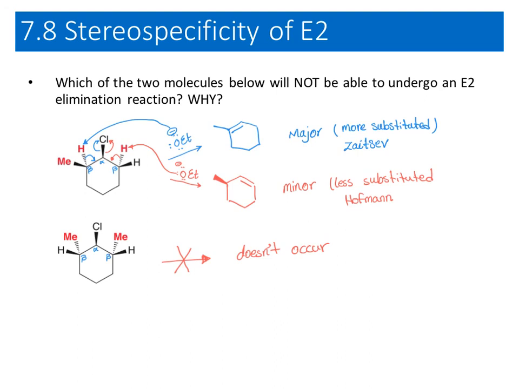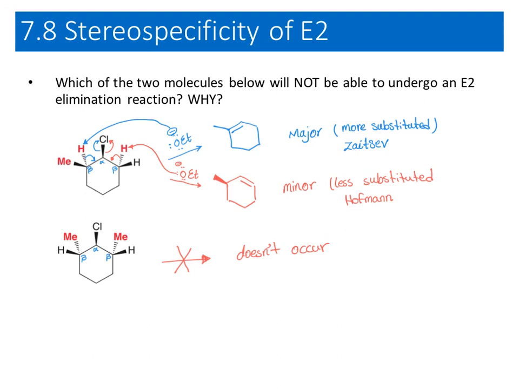So as you might notice, to draw the E2 product, we need to consider regioselectivity, stereoselectivity, and stereospecificity at the same time to draw the major product. So in the first example, you notice that I first look at the stereospecificity, that I need to find the beta proton that is anti-coplanar with the leaving group, and then to determine the major product I use the regioselectivity.